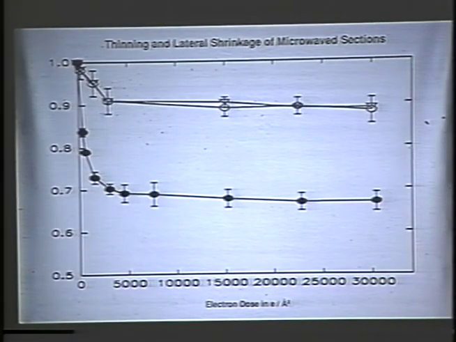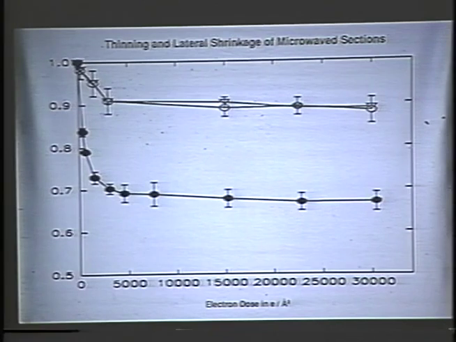Here is a graph showing the difference between LX112 and epoxy microwave sections. Here's LX112. There is still a lot of shrinkage. With epoxy, both the lateral shrinkage and the thinning are shown here, and they're both the same.